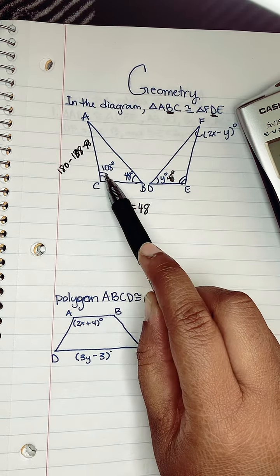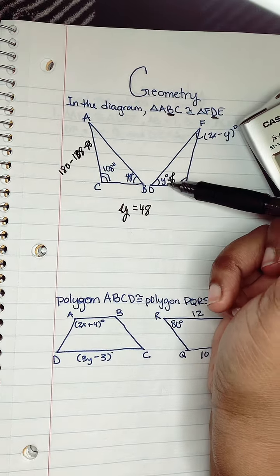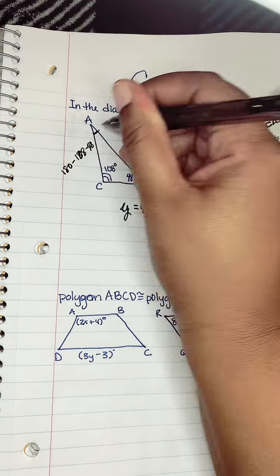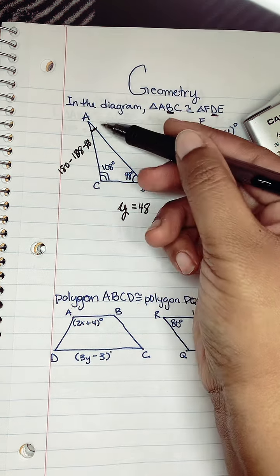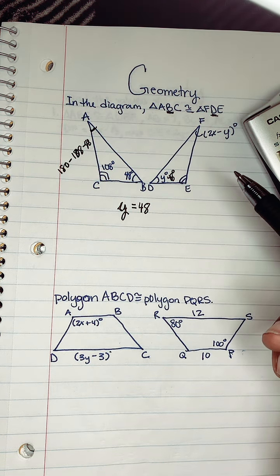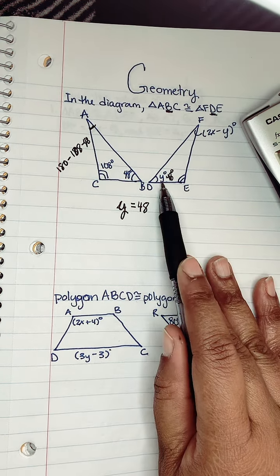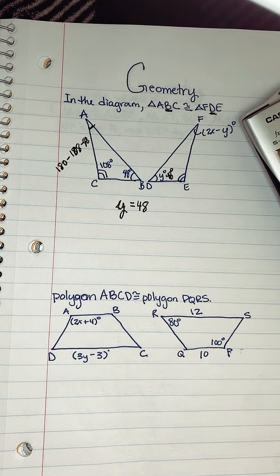So if we subtract angle C, which is 108, like you said, and 48, we're not finding y. We're actually finding angle A. Do you see the difference? So that's different than finding this angle here. Good, I'm glad you see that.